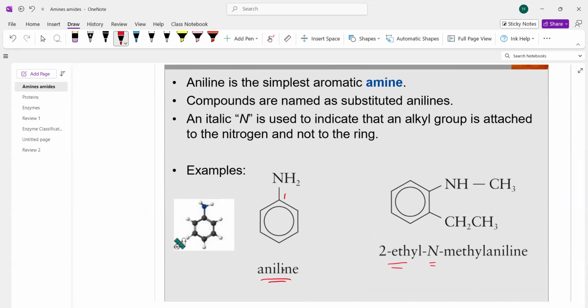Okay, so we're going to use the aniline as the base. If we have anything coming off of the nitrogen, that's going to be denoted by the uppercase N again, and any other branches. Now E comes before M, so the ethyl would come before the methyl here.